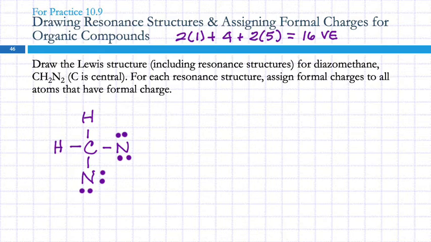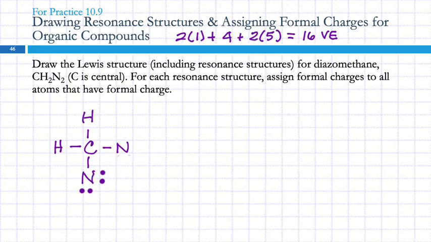Can we do that? No, because this nitrogen that's short electrons is bonded to carbon that has no lone pairs it can share. And this is the same way. If nitrogen shares its lone pairs, carbon will have more than 8, which is not okay, and nitrogen will still be short. So that tells me I did something wrong, right?